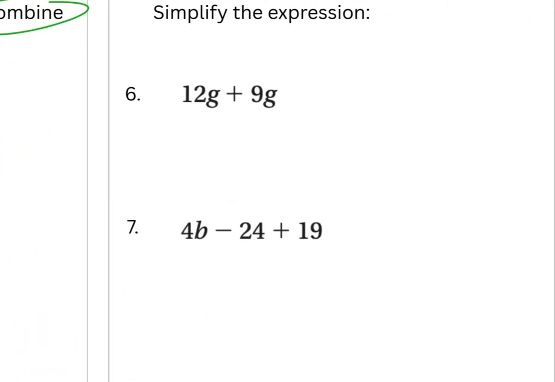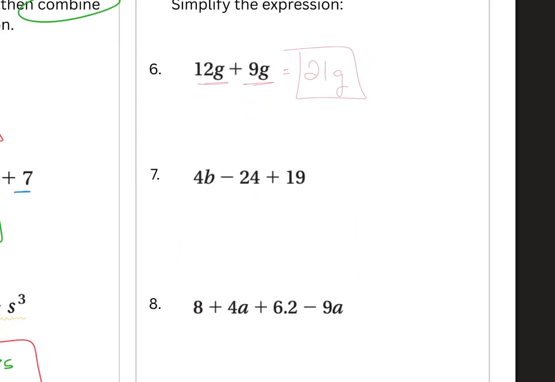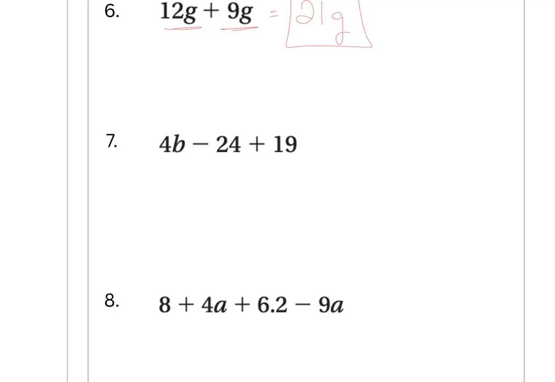Number 6, 12g plus 9g. Those are like terms. That's just 21g. Dude, that one's done. That was easy. Number 7, 4b. And as I was going to try and read the rest, I don't see any other b's. So guess what? It's 4b. And then -24 plus 19.